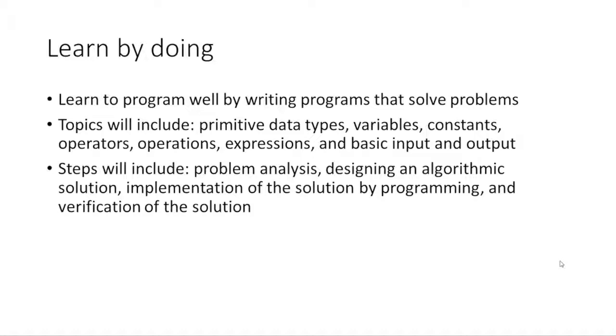And finally, we want to verify that our solution is correct. It's easy to do what's called happy path verification. We run the program, we put in a few numbers that we know should work, it produces the correct output, and we're satisfied. But part of the art of programming is learning how to put in bad numbers and see how the solution works. Does it still succeed or does it fail?